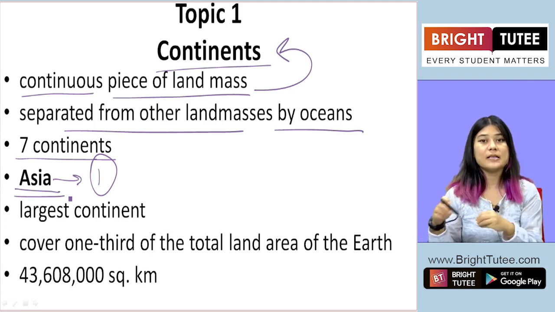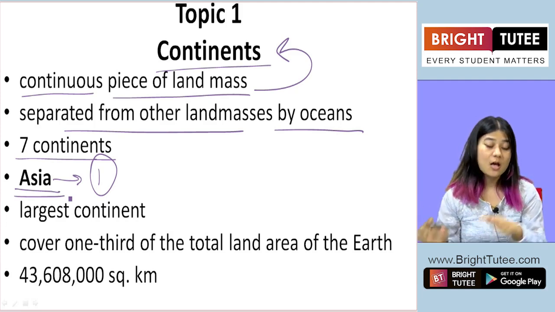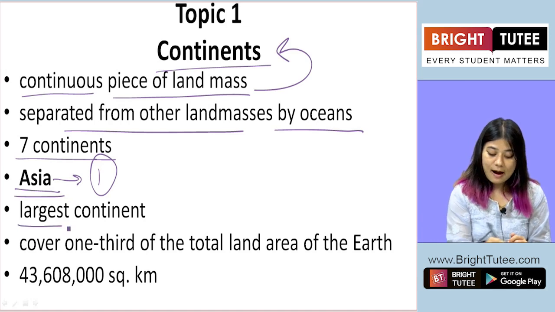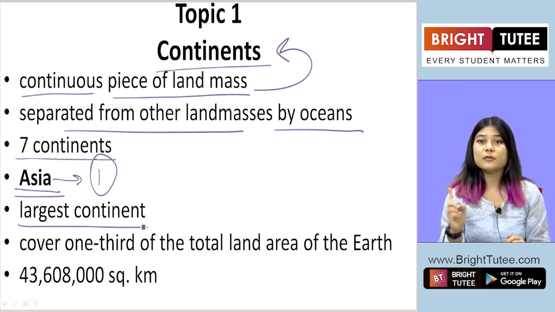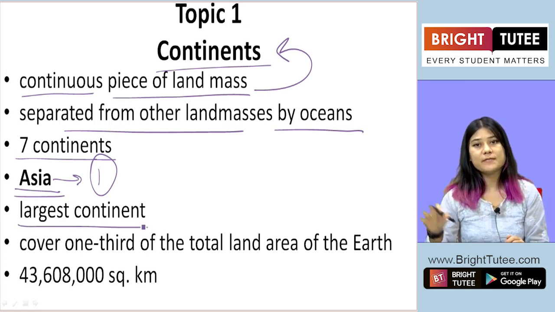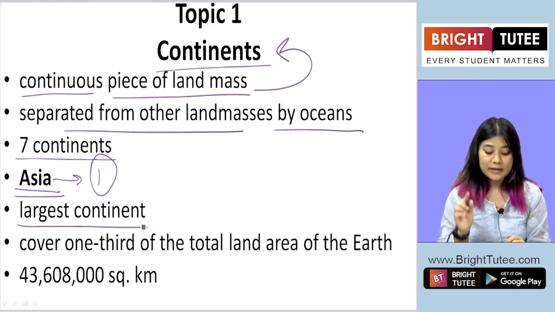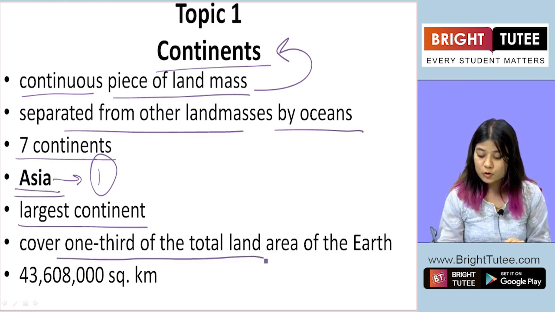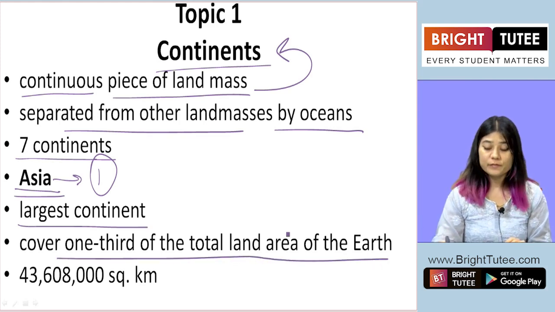Okay, so we are in the continent of Asia. So this is the continent that we are first going to discuss. Now, Asia is the largest of all the 7 continents. Out of all the 7 continents in the world, Asia is the largest amongst them. It covers 1/3 of the total land area of the earth.